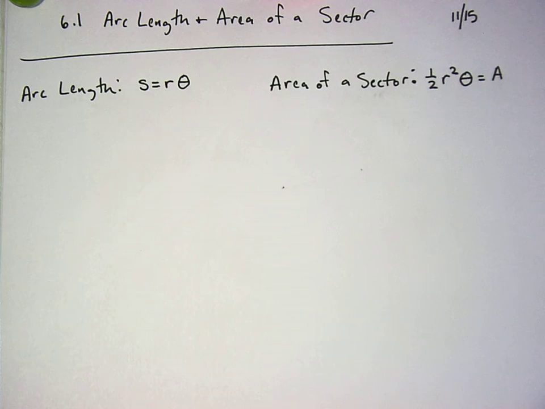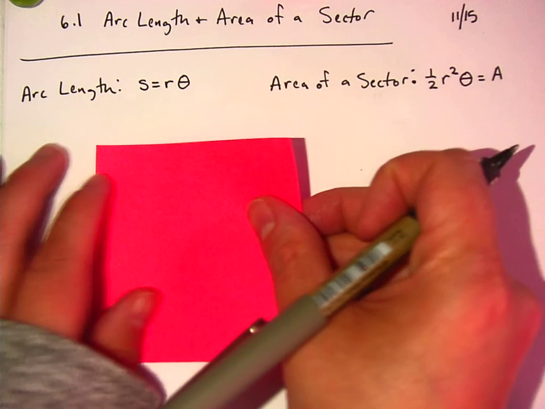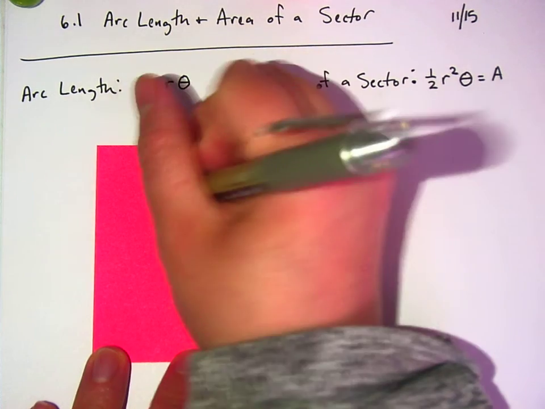So the arc length thing makes sense because it's a relationship between the sides. For example, let's suppose we had a circle that had a radius of 1.